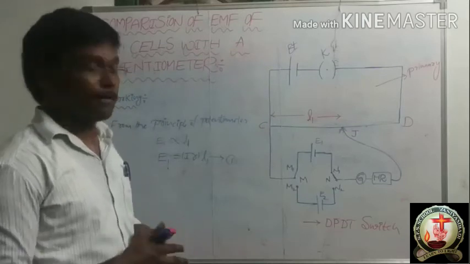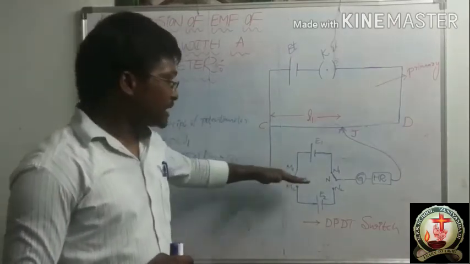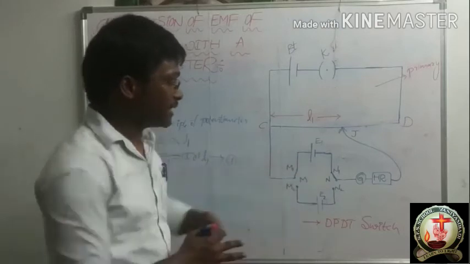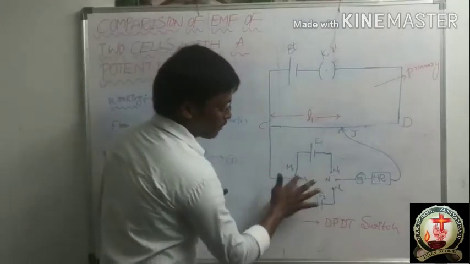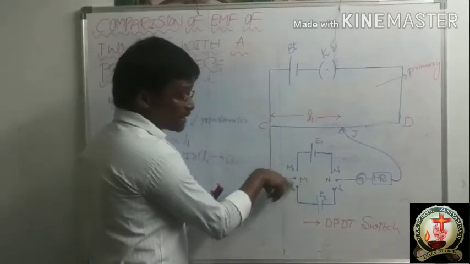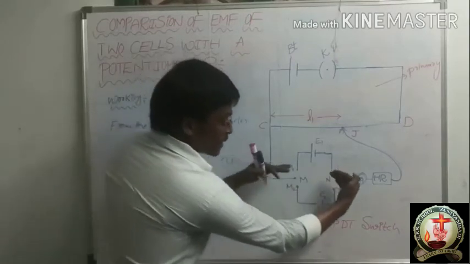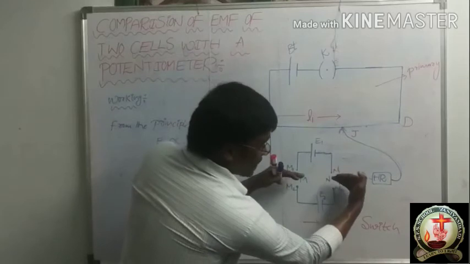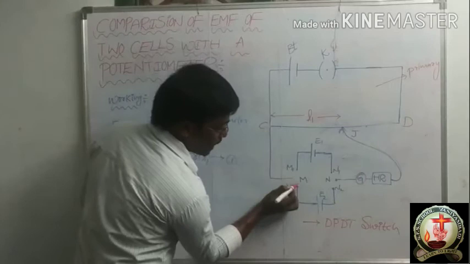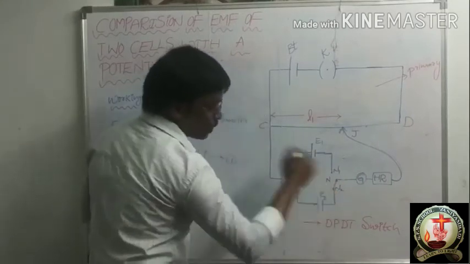Now the second point in the working. Next, I will disconnect this dp/dt switch from the first cell. Then I will press this dp/dt switch towards the second cell, pressing the two ends downside.